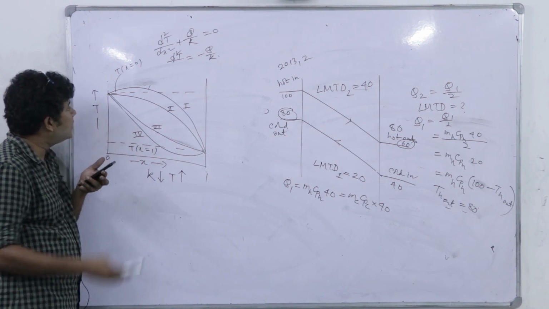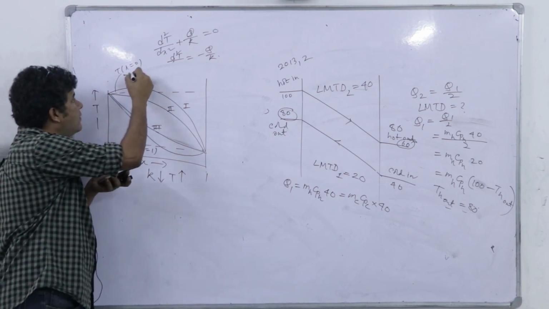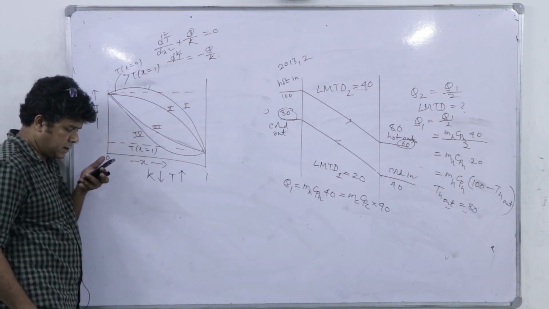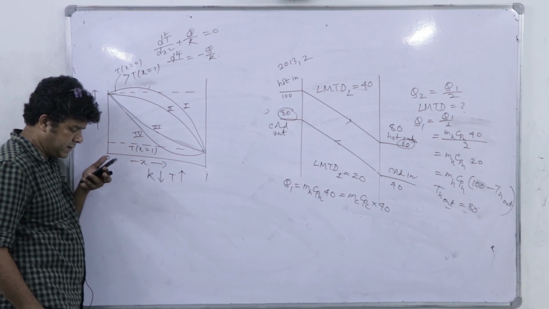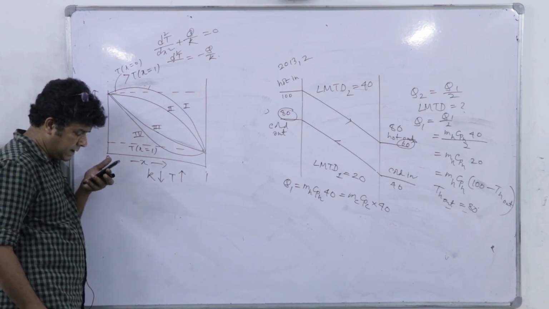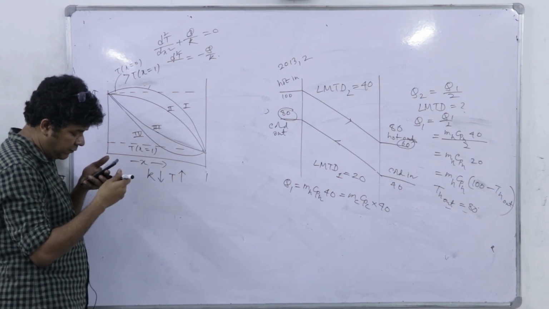So T at x equal to 0 is greater than T at x equal to 1, right? Heat transfer is by steady state conduction in x direction only. There is no source or sink of heat inside the block. In the figure given, identify the correct temperature profile.